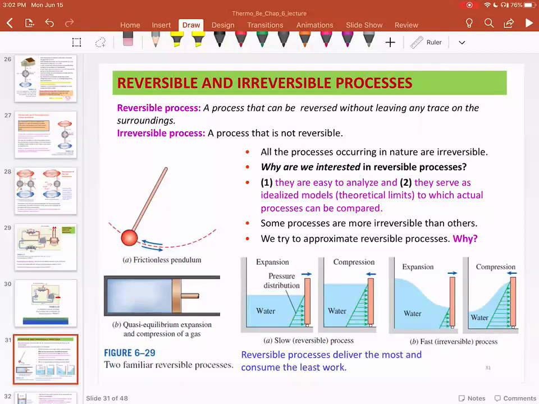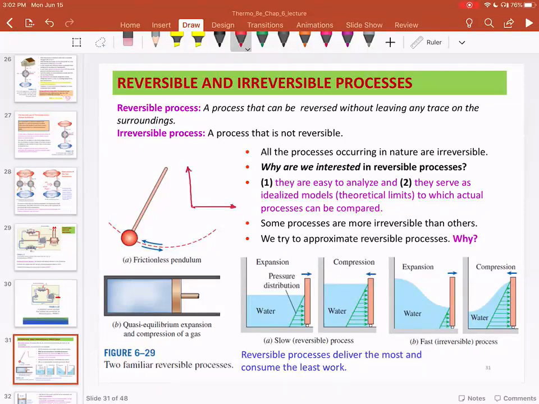So imagine you have a process, either compression or expansion. You can go from point A to B and then go from point B to A following the exact same path. So this is important.